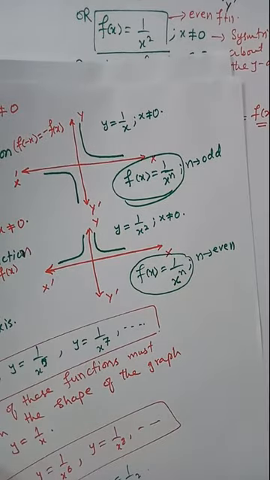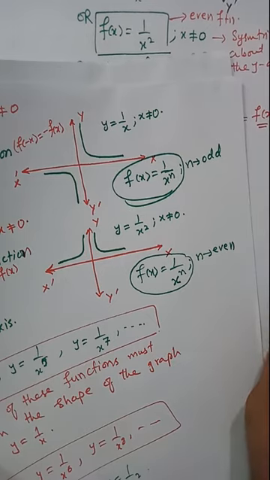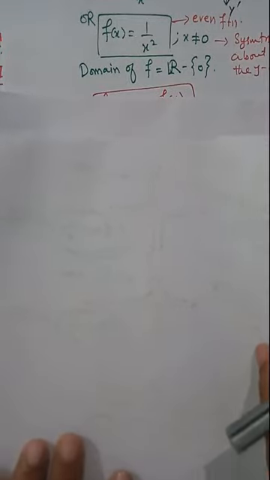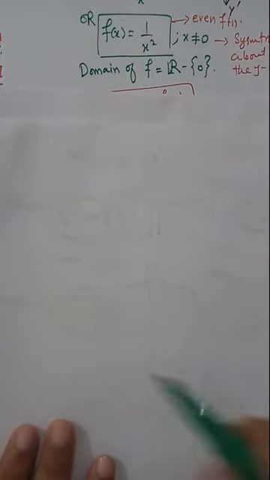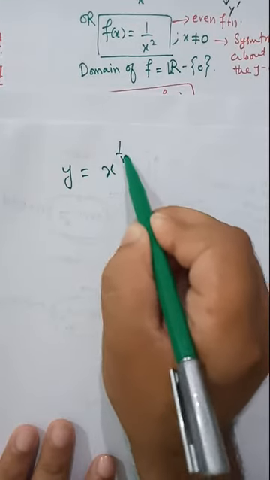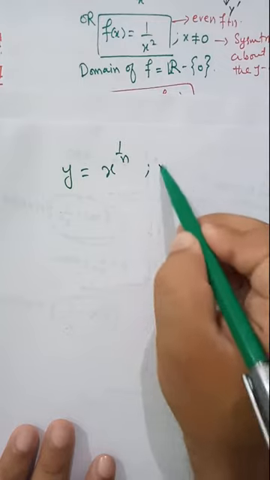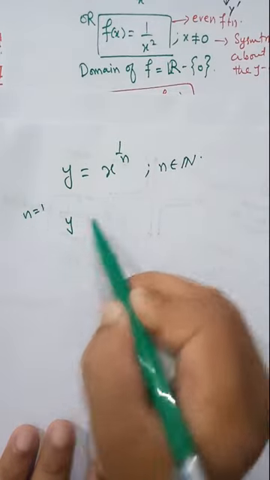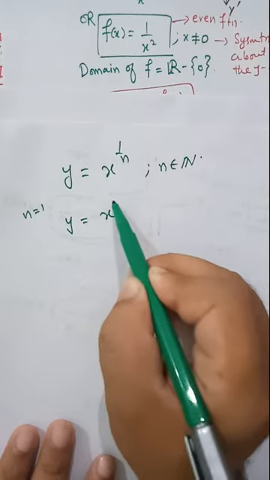Okay. Now we discuss the graphs of y equal to x power 1 by n, where n belongs to natural numbers. So when n equal to 1, the function will be x power 1.